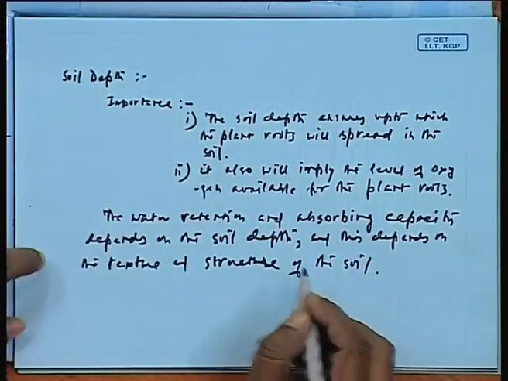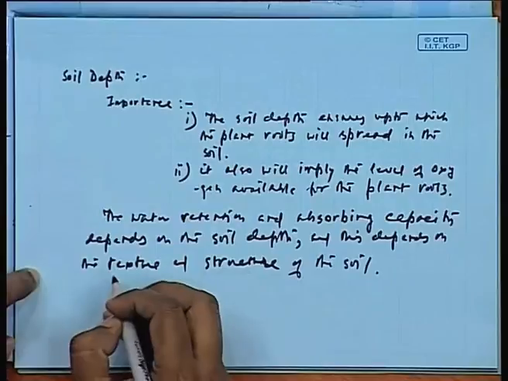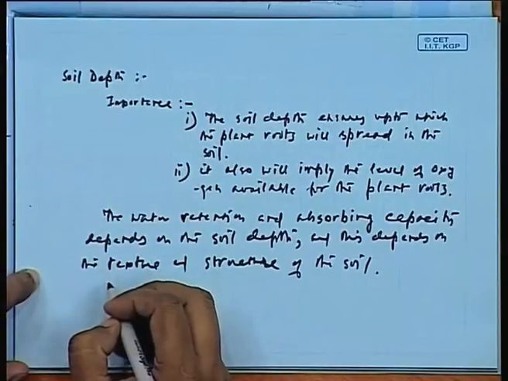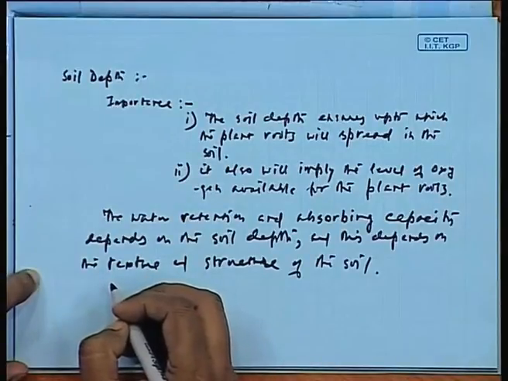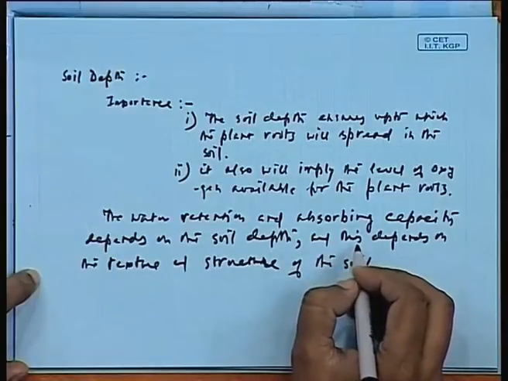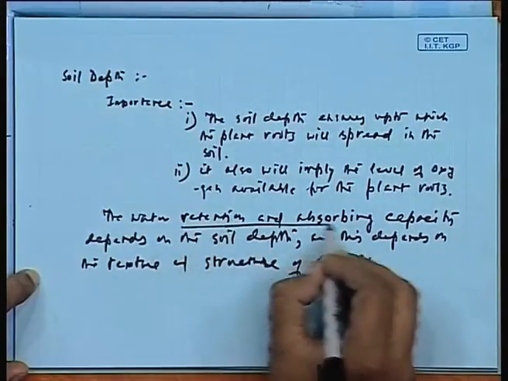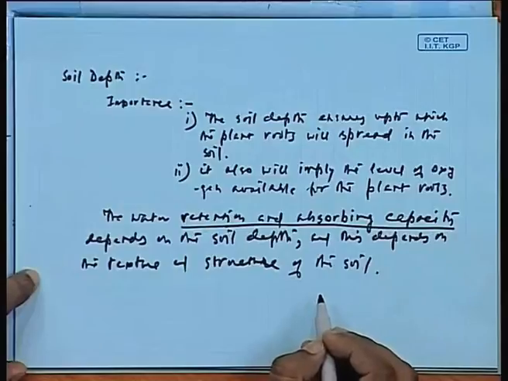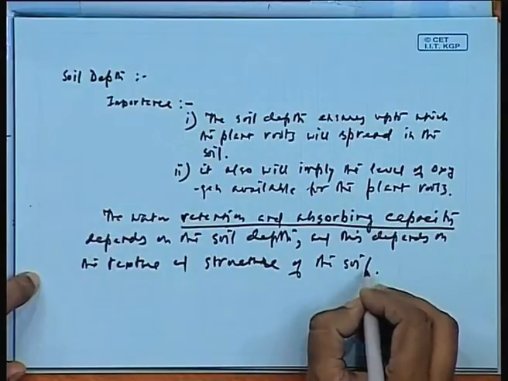So the water retention and absorbing capacity depend on the soil depth, and this whole retention and absorbing capacity depends on the texture and structure of the soil.